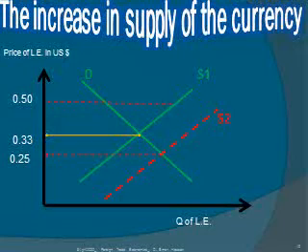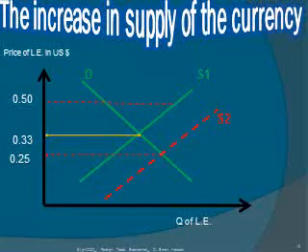Appreciation in this graph means that the value equals 0.50, but depreciation means that after the increase in the supply of Egyptian lira, the value of the home currency decreases, and so equals 0.25. It means that one unit of Egyptian lira equals approximately a quarter, only 1/4 of a US dollar.